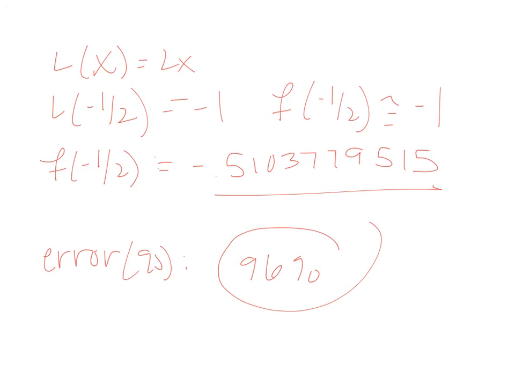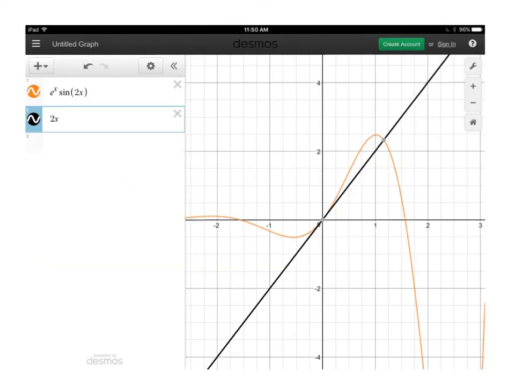So let's examine why. I graphed the linearization of this function at x equals 0, and what I found was that you can see the error. This is 1/2. So from there, from right there to right there, that's the error between the two, right in there.